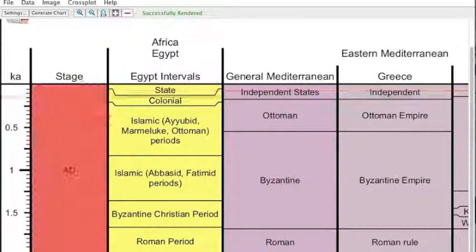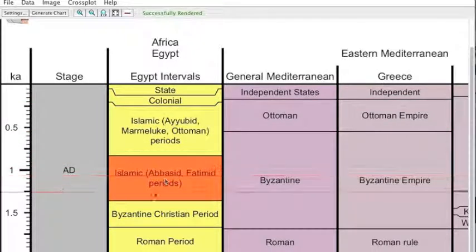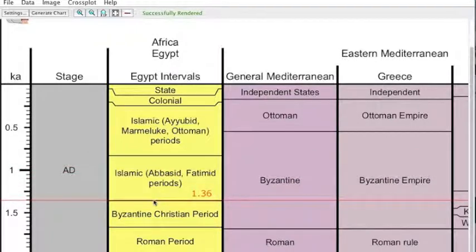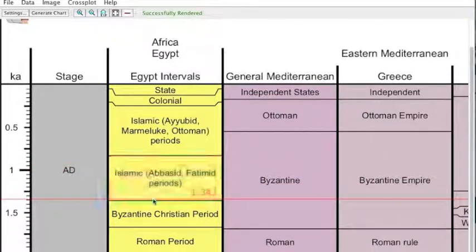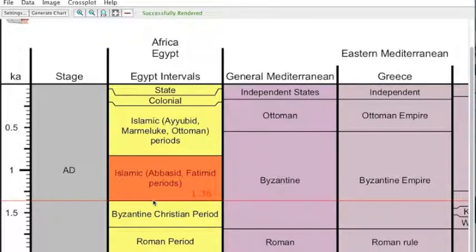Okay, now we have from present age up to 2000 years ago, and this is a stage after Christ, and this is Africa. As you can see, the Islamic period in Africa started from 1.36, that means 1360 years ago.